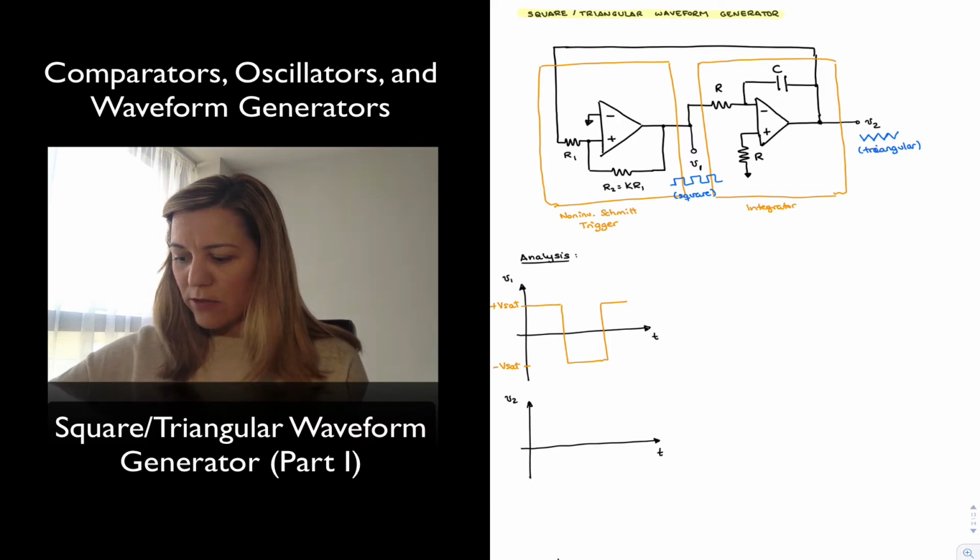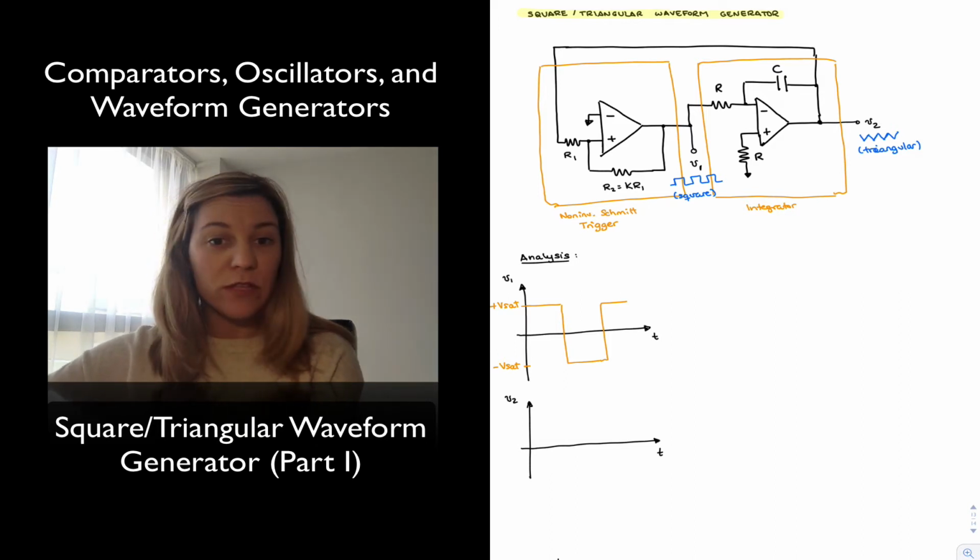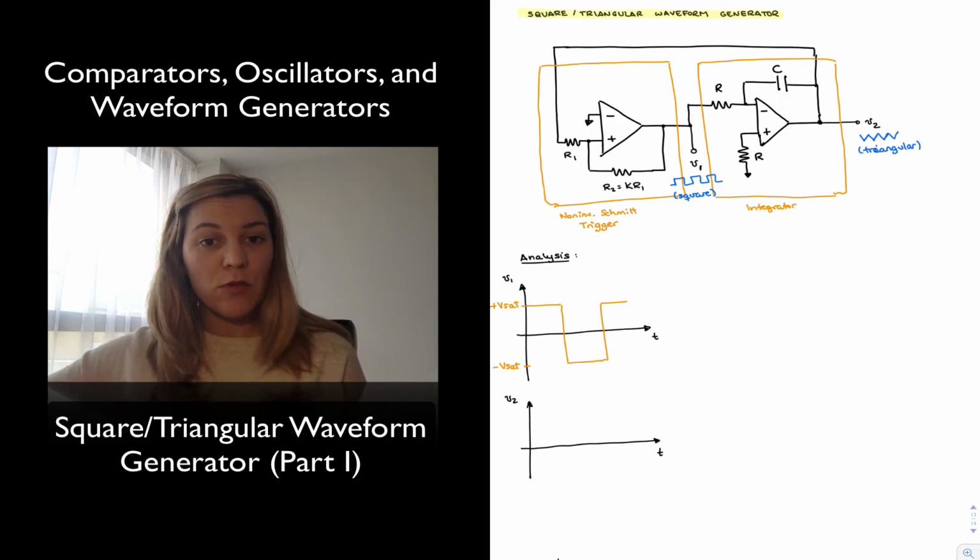But notice that the output of that integrator is being fed back to my non-inverting Schmitt trigger, and so it is what's going to cause my Schmitt trigger to switch between one state and the other.